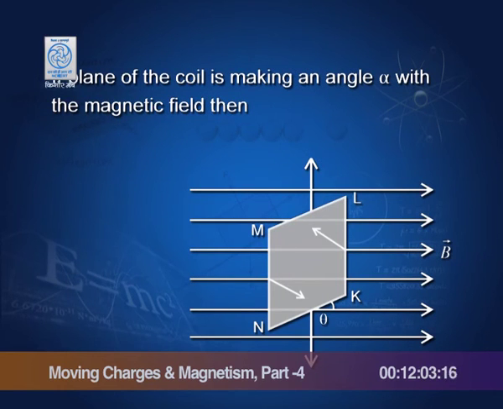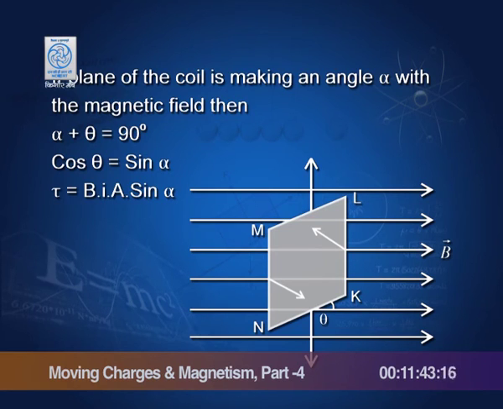If plane of the coil is making an angle alpha with the magnetic field, then alpha plus theta is equal to 90 degrees. So, cos theta will be equal to cos (90 minus alpha), which comes to be sin alpha. So, cos theta is equal to sin alpha. Substituting this value, we get tau equals BIA sin alpha.